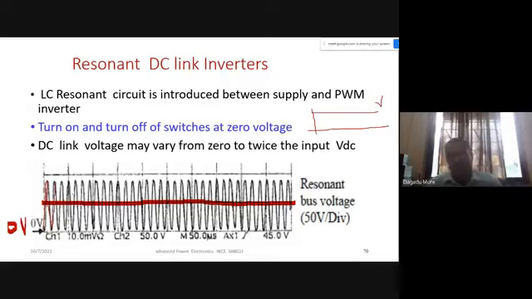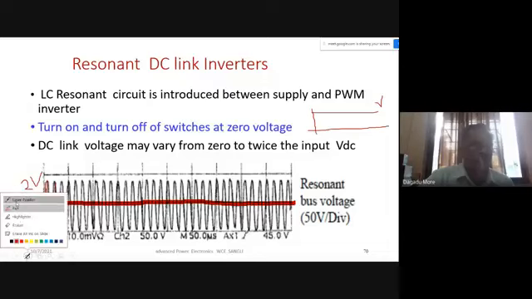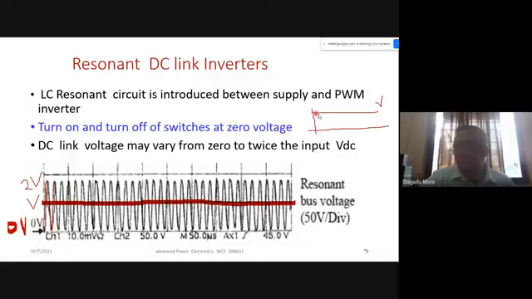But the average voltage will be V, whatever we are having. So the magnitude will be twice V. Okay, we can call it twice V, as this is our V. So in case of a conventional VSI, the DC link voltage will be constant and ripple free.